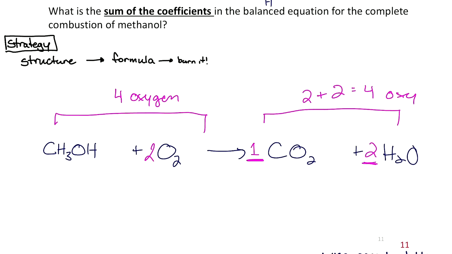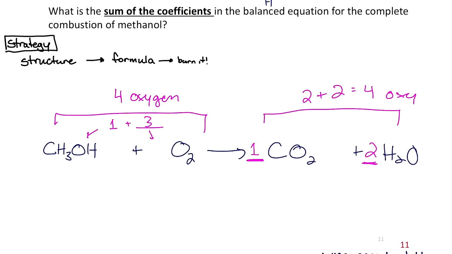But don't worry about it, all right? We still want to have 4 oxygen atoms on that reactant side, but we're going to achieve that by only changing the coefficient in front of the oxygen molecule. How I like to think of it is, okay, there is 1 oxygen coming from methanol. So how many oxygens need to come from the O2 molecule? 3, yep. So I need to make sure that there are 3 oxygens coming from the O2 molecule.